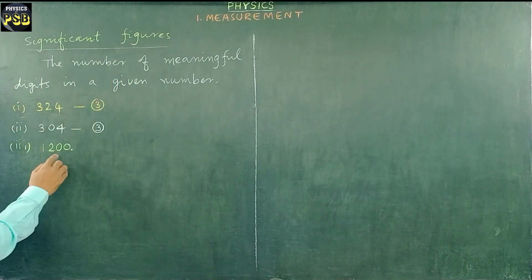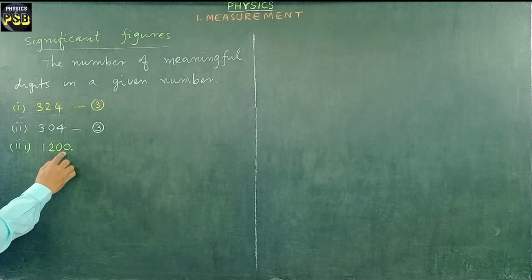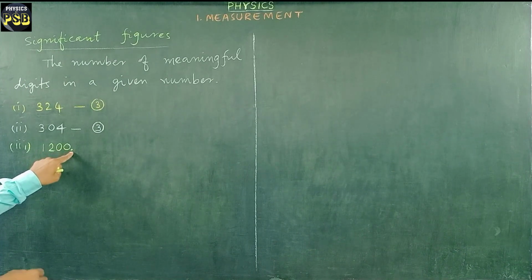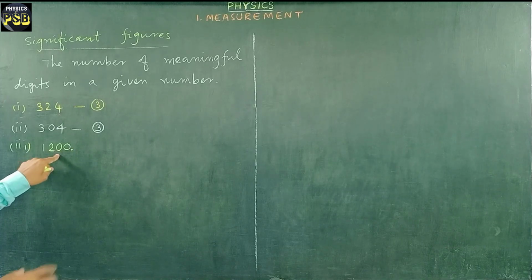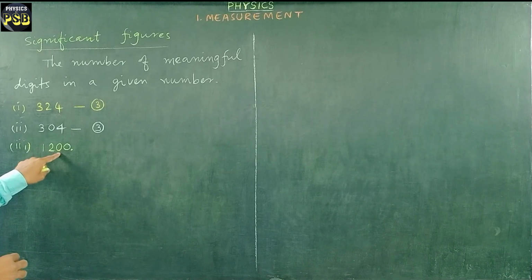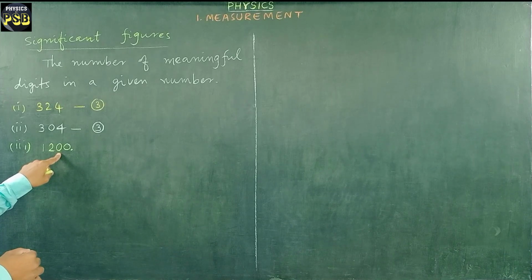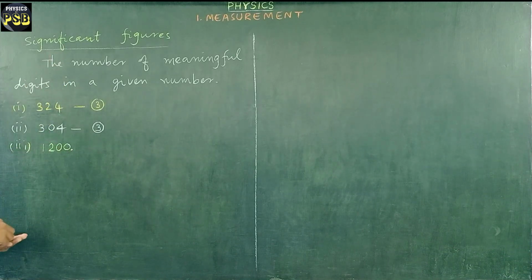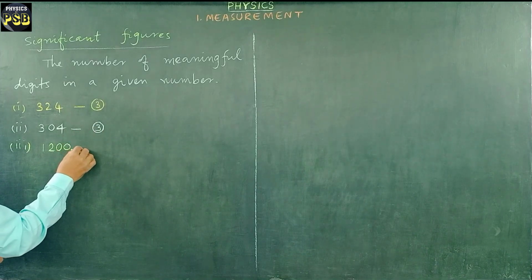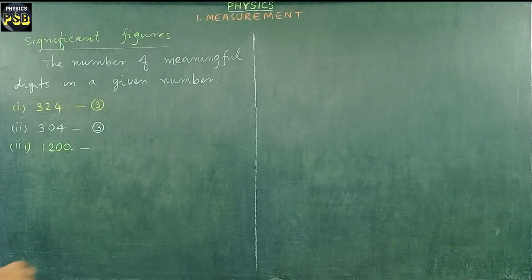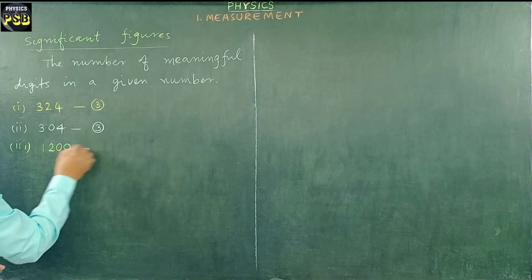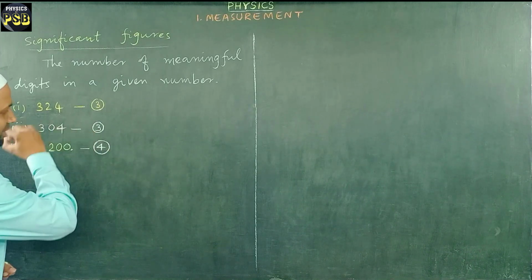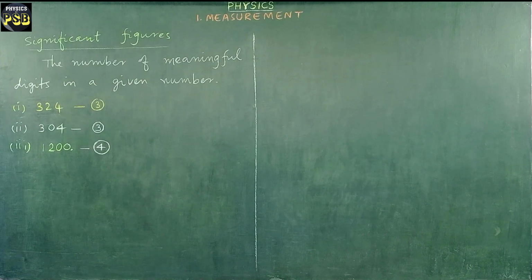But here, if zeros are present on the left side of the decimal point in a number, then such zeros are considered as significant figures. So here we have 4 significant figures. Clear?